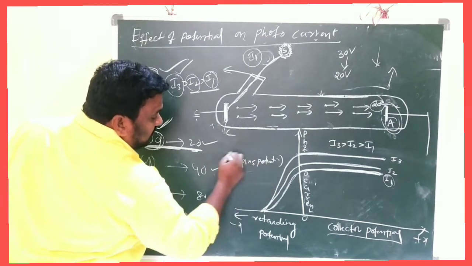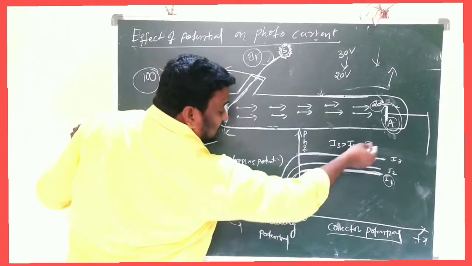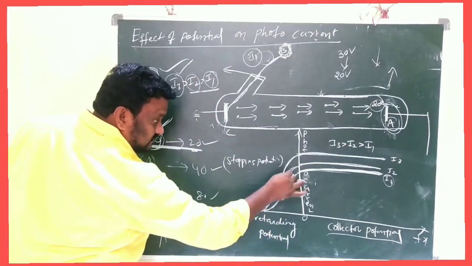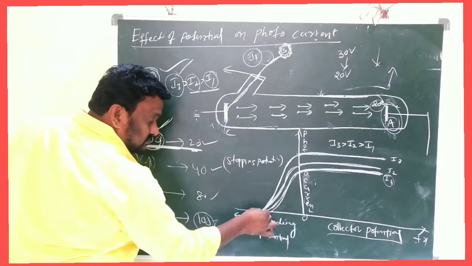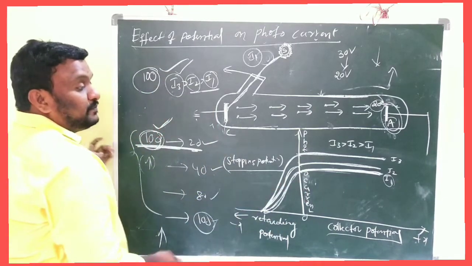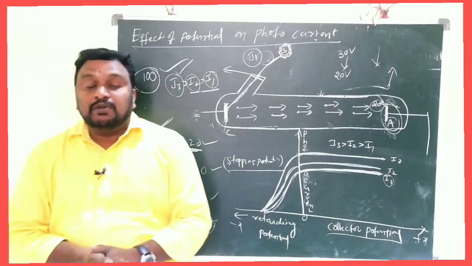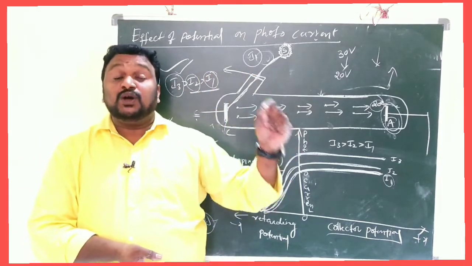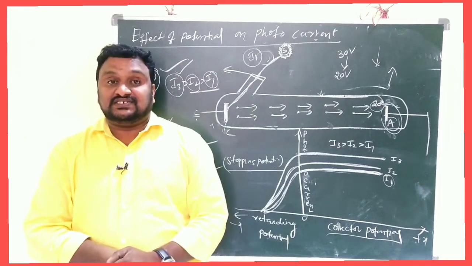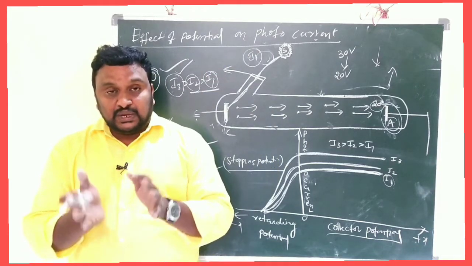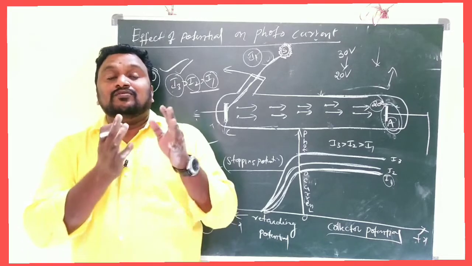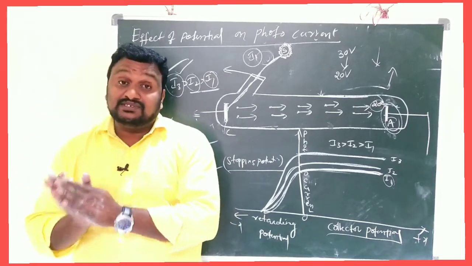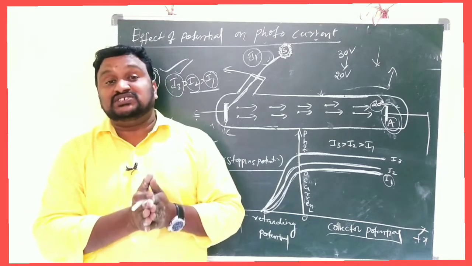Very simple, children. When potential increases, photocurrent increases. When potential decreases, it decreases. Clear? What is meant by stopping potential? When the potential of the collector decreases gradually, then the photoelectric current also decreases gradually and finally becomes 0 at one particular potential.